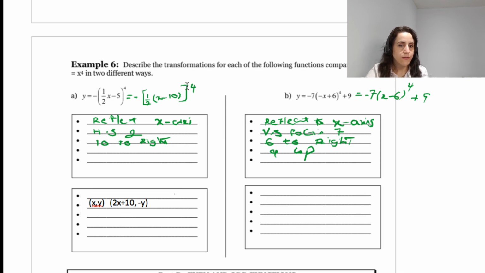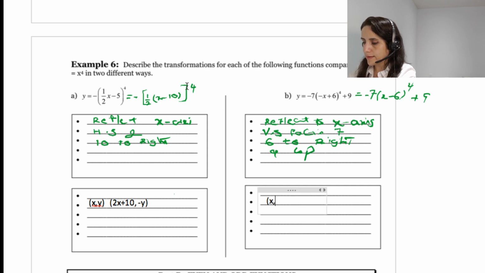How about here? What can I write down for the other equation? Here you can see I can write x and y is going to be what? For x, I believe x plus 6 is going to be the transformation, comma, and y value is going to be negative 7y plus 9.